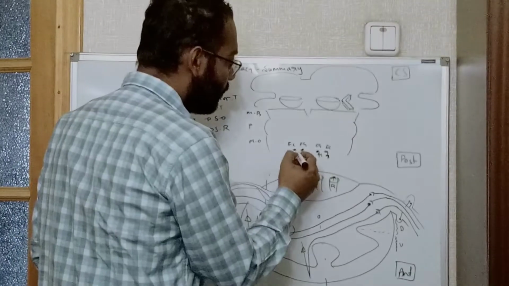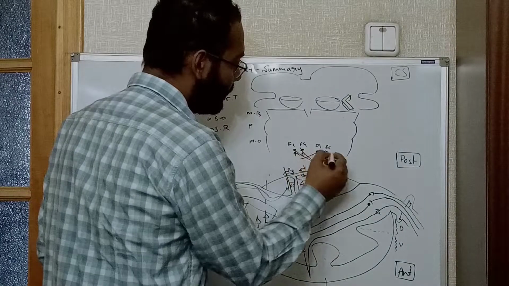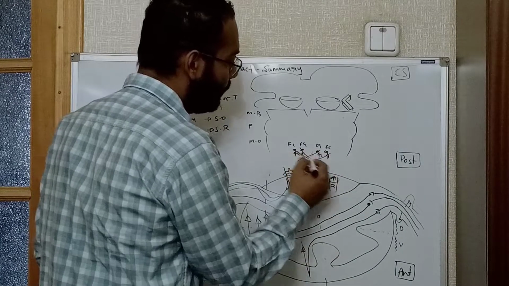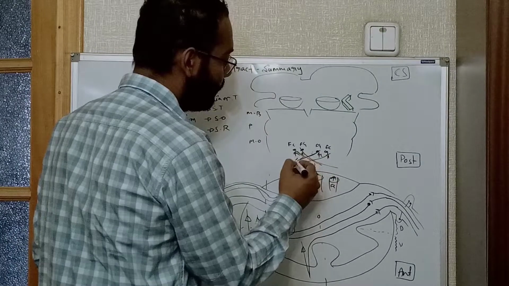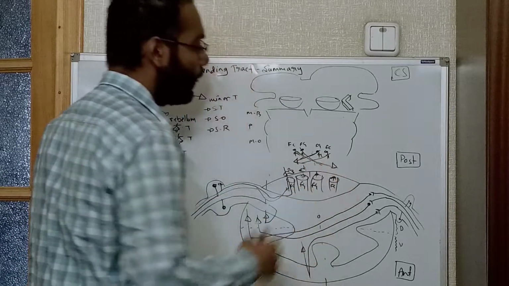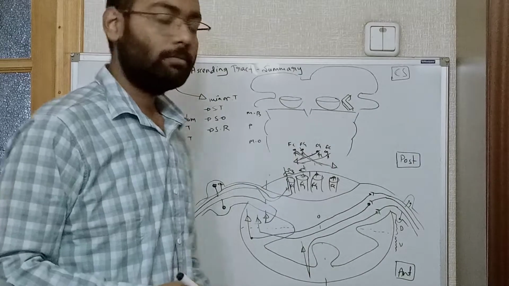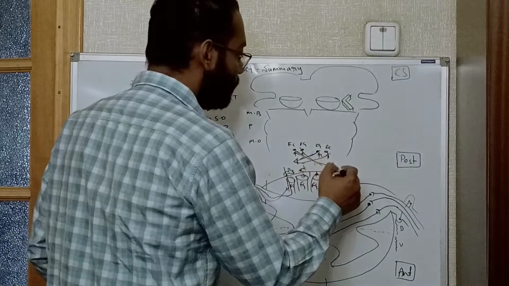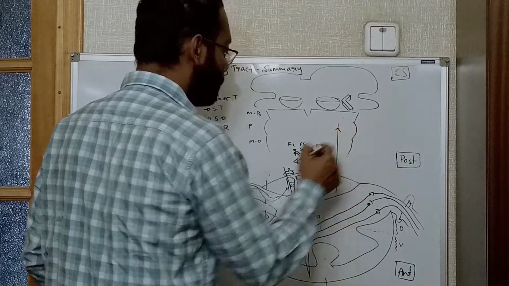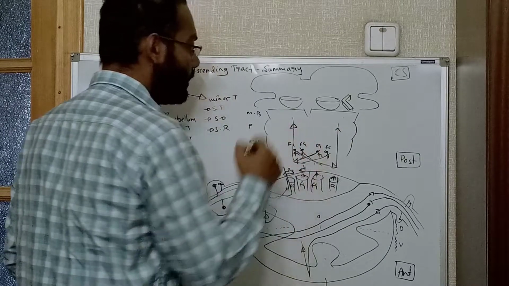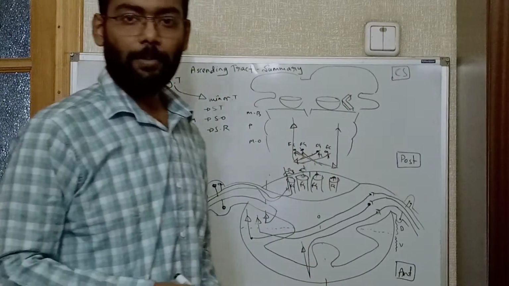Now the second order neurons will come and cross like this, in this line. So this is known as what? Arcuate fibers. Clear? Now these fibers will move like this, and this is known as our medial lemniscus.